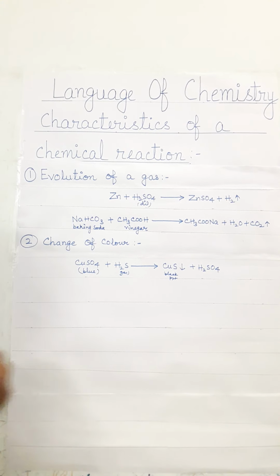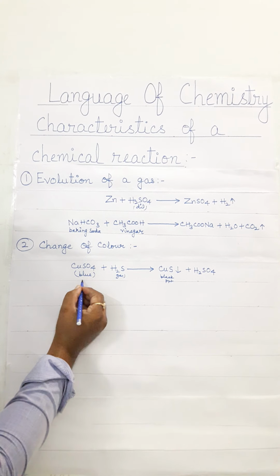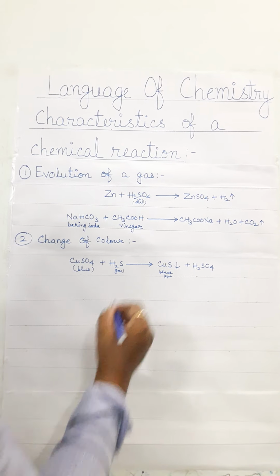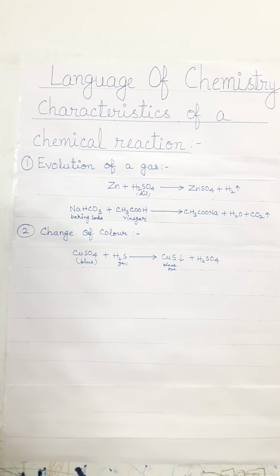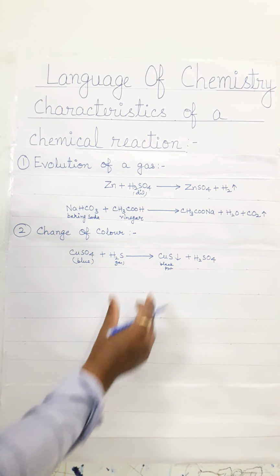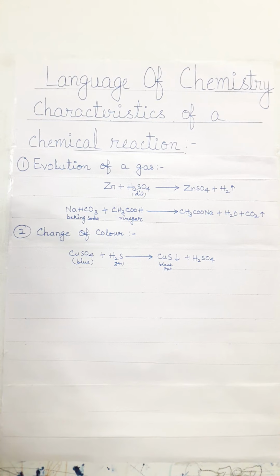So you will see that the blue colored copper sulfate solution has changed to black PPT. So change of color again indicates that the chemical reaction has taken place.